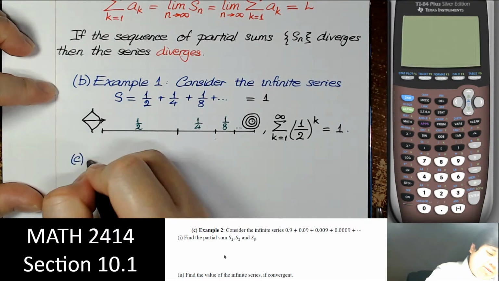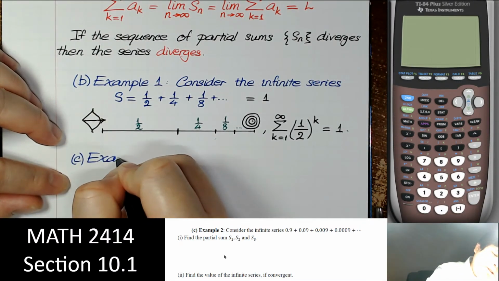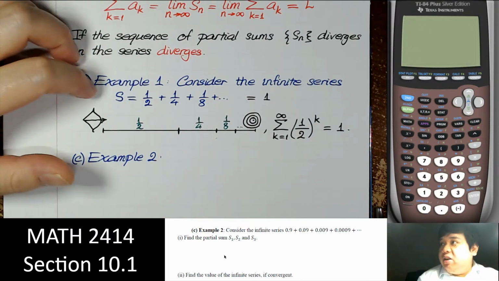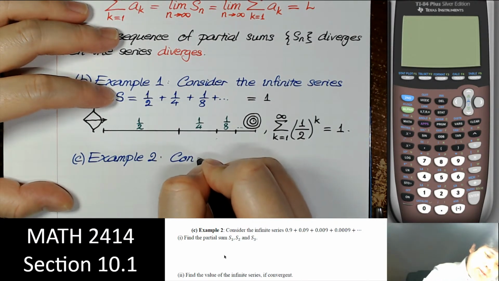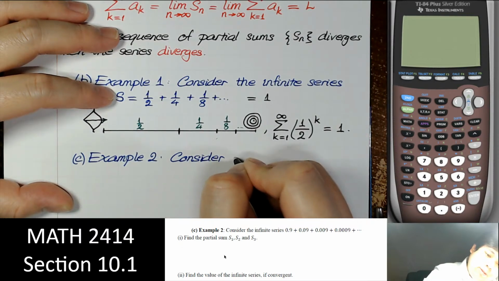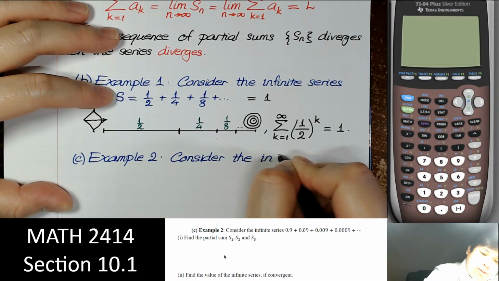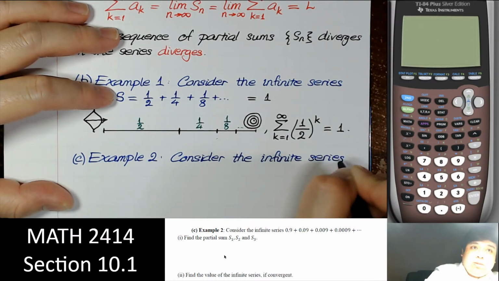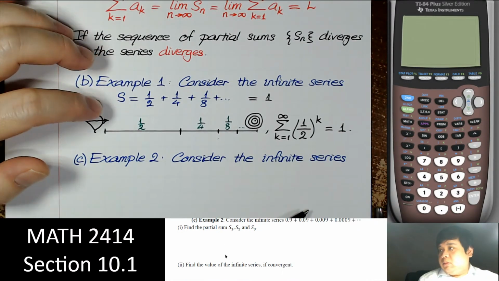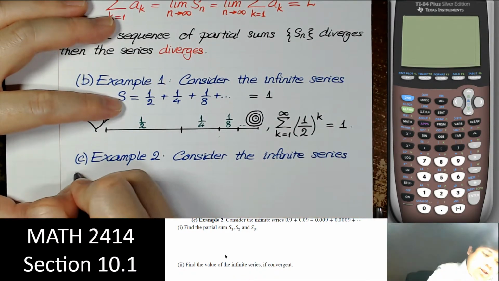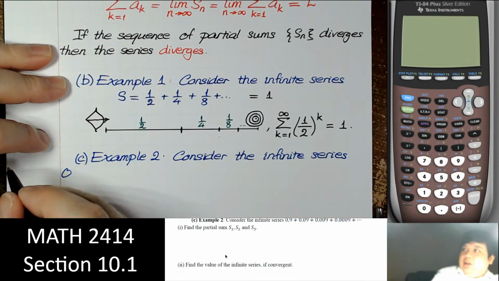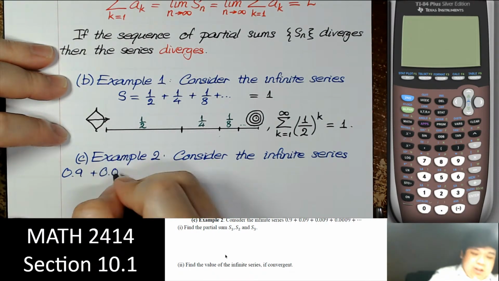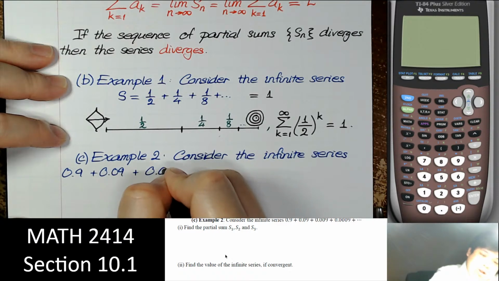Second example. Consider the infinite series S equals 0.9 plus 0.09 plus 0.009.